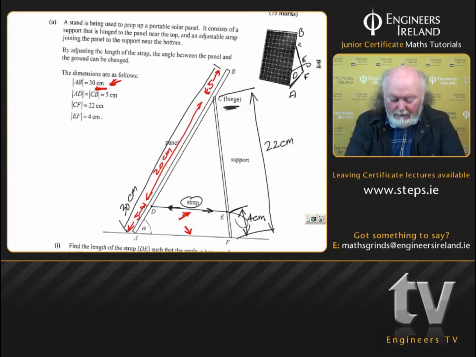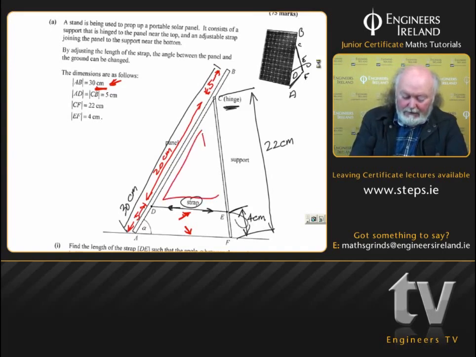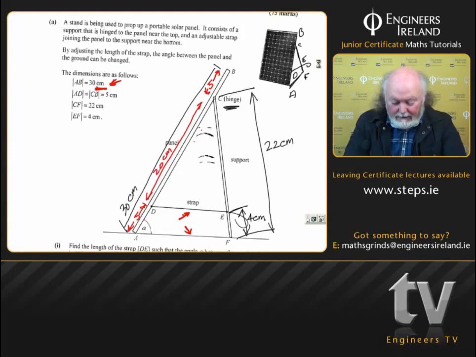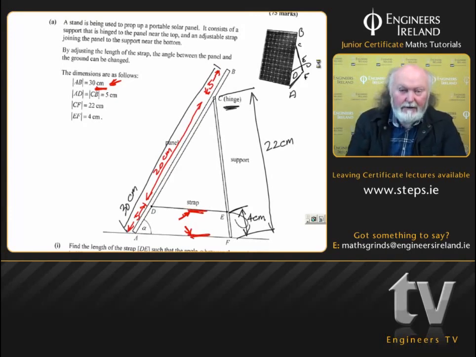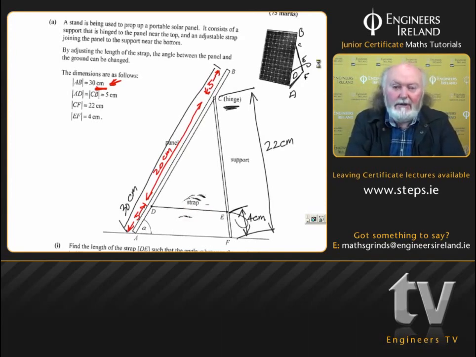So don't automatically start to think that this triangle is similar to the larger triangle ACF. It's not, because that is not parallel to that. If you do not make that assumption, this is quite an easy problem. If you make the assumption, you're going to be wrong from the start, and you're likely to get a significant cut in your marks.